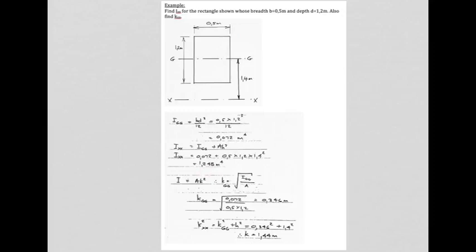So I is A K squared. So K, which is that radius of gyration about the center of gravity, is the square root of I about the center of gravity over A. So 0.346 meters is the distance to this concentrated spot, this imaginary spot, where we could put all the area and have the same I value.